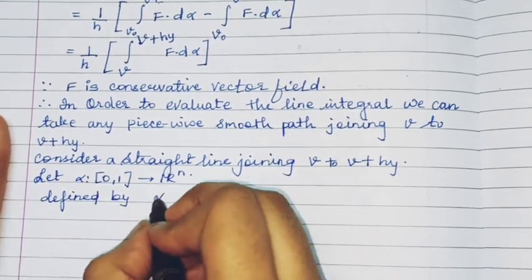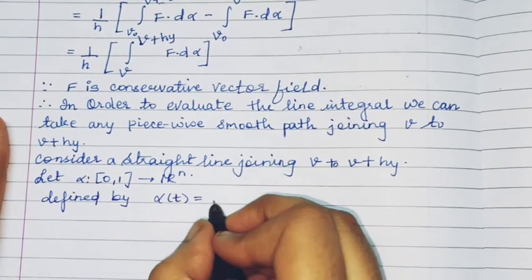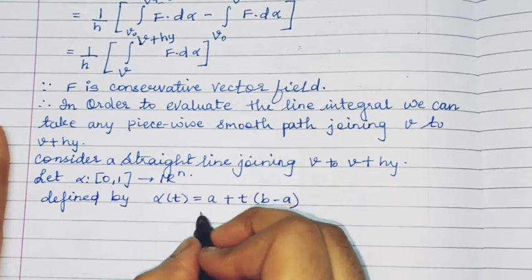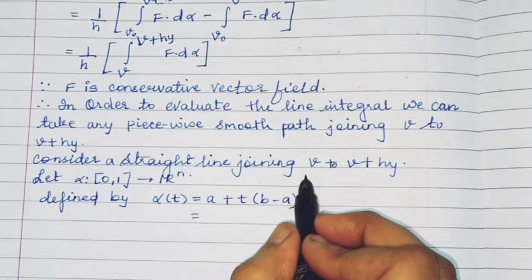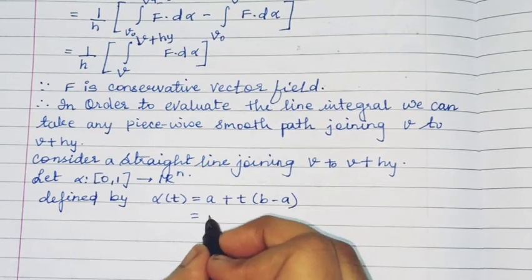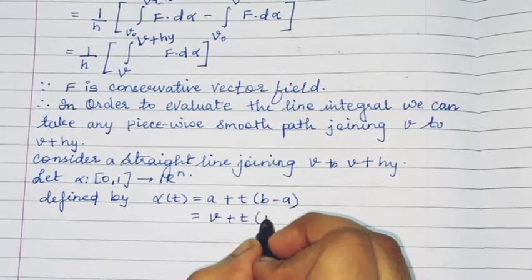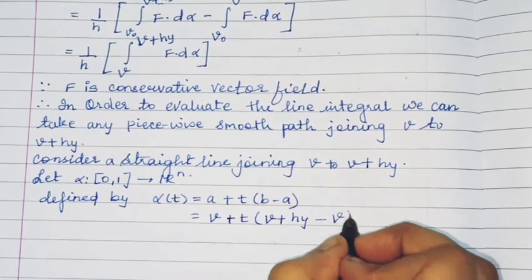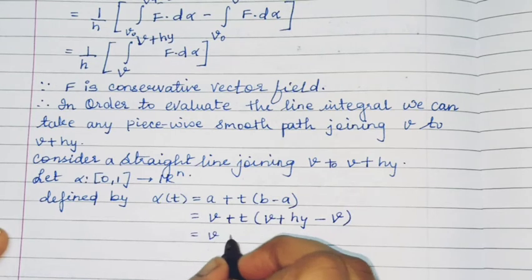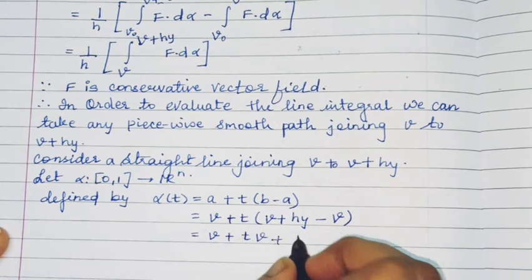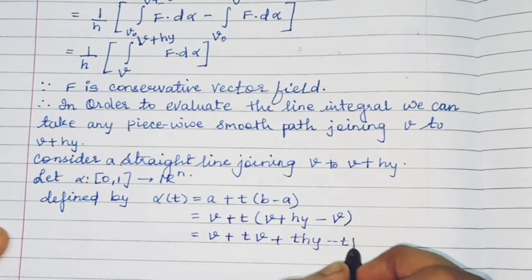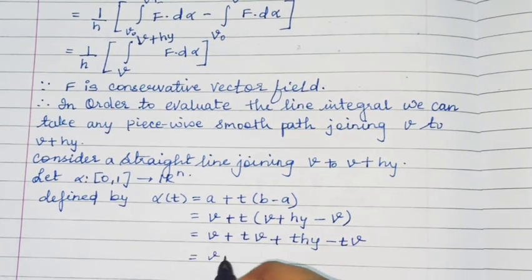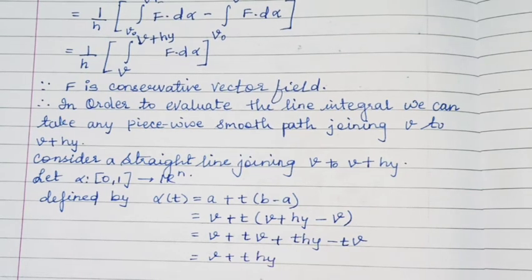This is the basic parameterization domain for a straight line. So let alpha from [0, 1] to R^n be defined by alpha of t is equal to a plus t times b minus a. Here the value of a is v, t remains as it is, b is v plus hy, minus a is v. Multiply t inside the bracket, so v plus tv plus thy minus tv. Plus tv and minus tv get nullified. What remains is v plus thy.